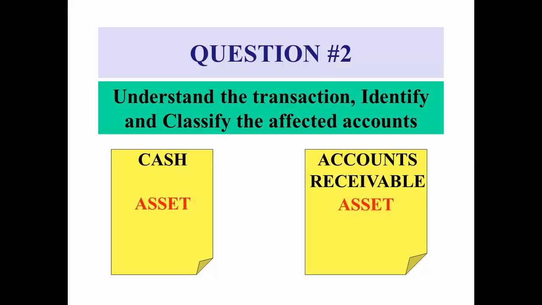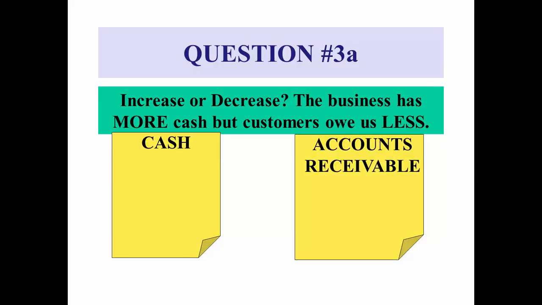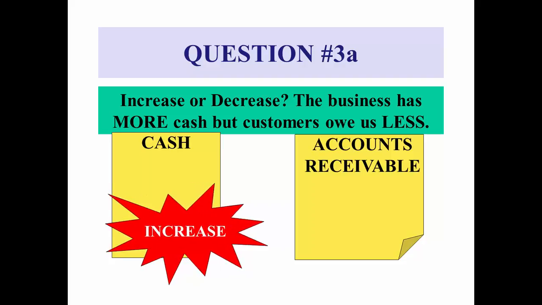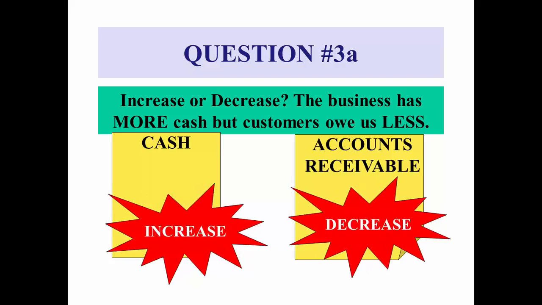Cash is an asset, accounts receivable is an asset. We go back up to the top. Do we have more or less cash than we did 5 minutes ago? Well, we have more cash than we had. The customers, do they owe us more or less than 5 minutes ago? They owe us less than they did 5 minutes ago. So cash is an increase. Accounts receivable is a decrease.